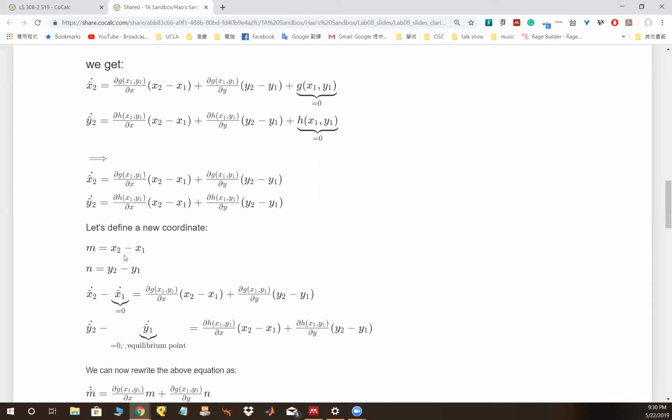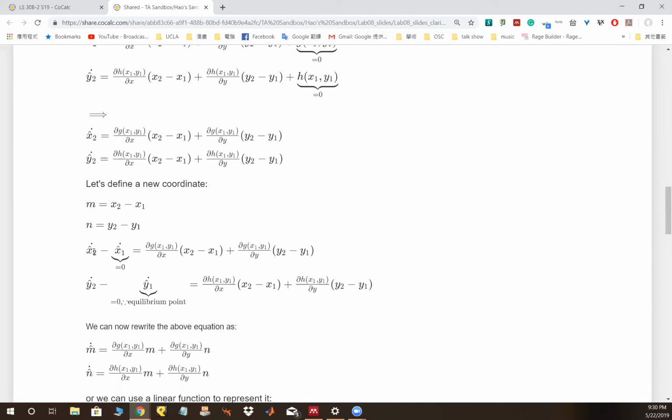So why do you do that? Patience. If we do that, then x2 hat subtract x1 hat is just m hat, right? And since x1 is just a constant, there's no changing, so its hat is just 0.